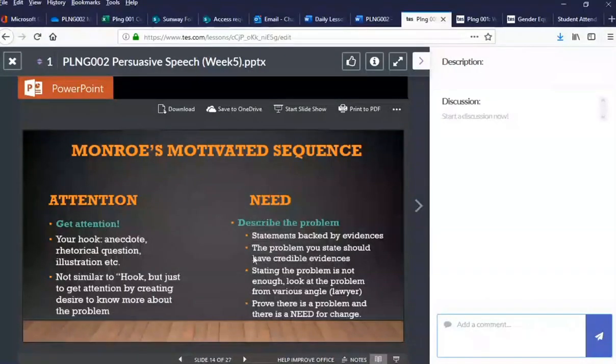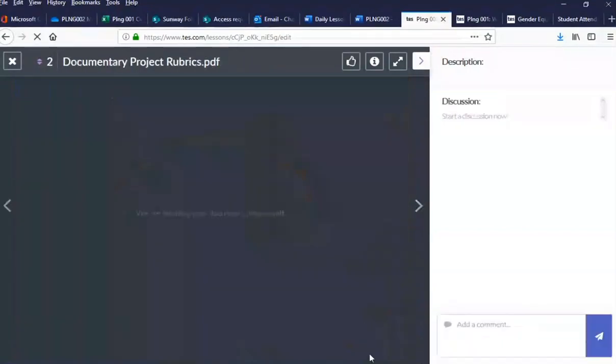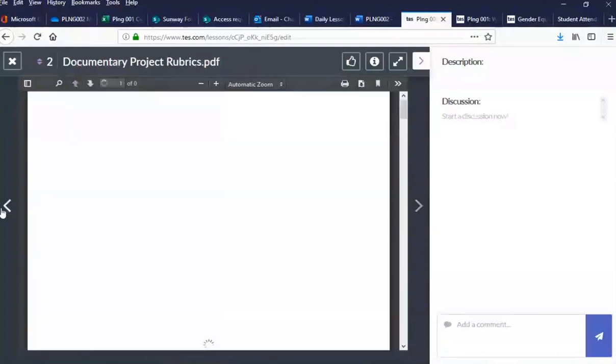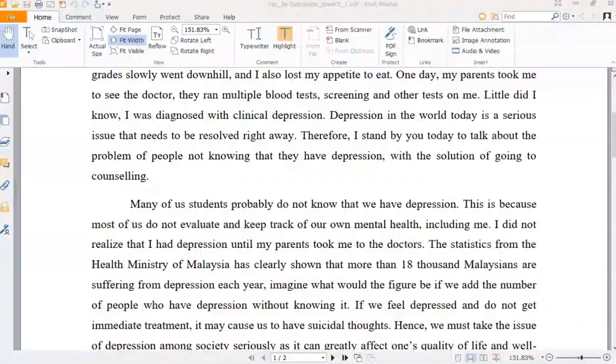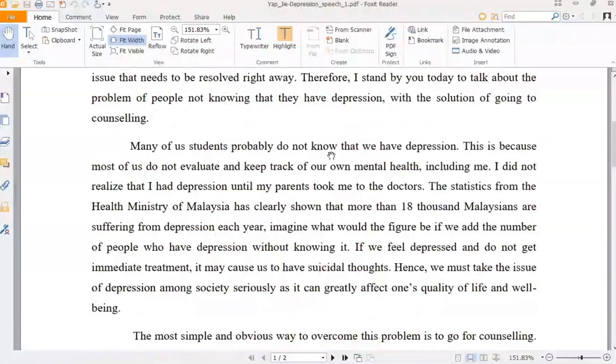Okay, so just now we talked about the problem, the need step, describe the problem. Now many of us students probably do not know that we have depression. See, this is a problem. Many of us here today, we don't know that we are depressed. Even though we are depressed, we do not know this. This is because we do not evaluate or keep track of our mental health, including me.